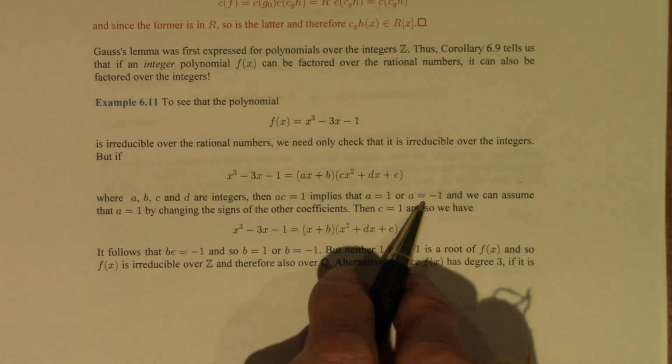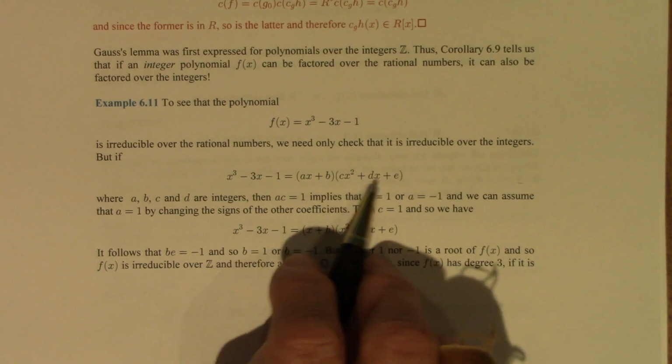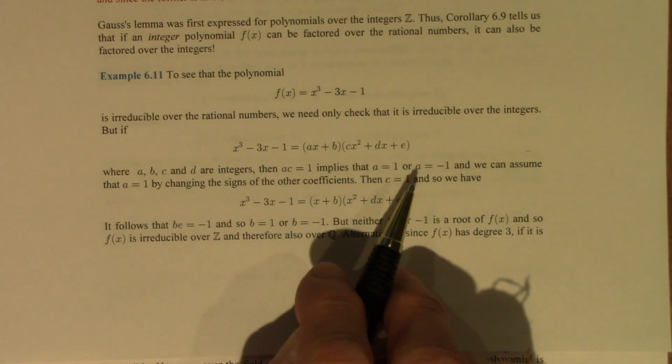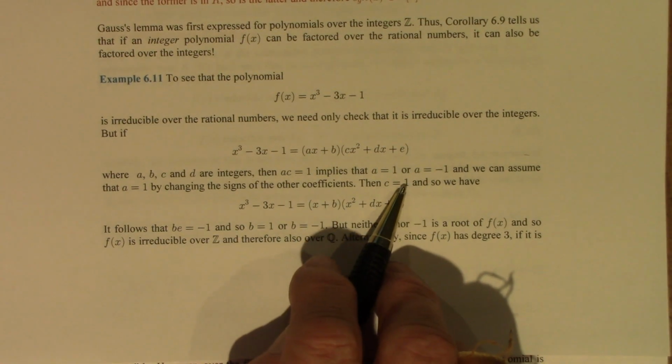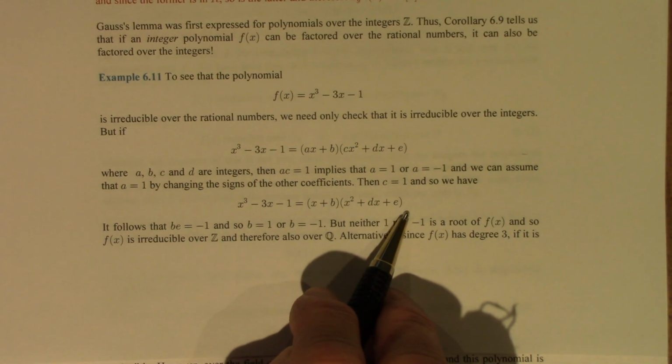So a is either 1 or negative 1. We can always assume it's 1 by moving the sign over. Then c is also equal to 1. And so the factorization now looks like this.